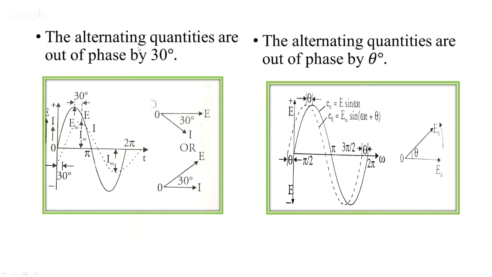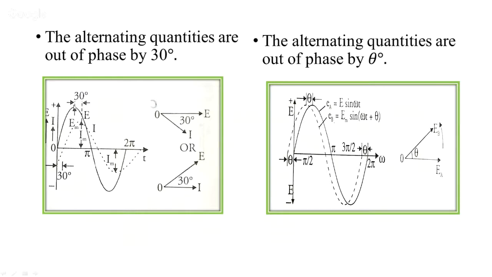So here the alternating quantities, you can observe there is the voltage wave here, the dotted one is the current wave. Both these are not reaching the zero and the maximum values simultaneously. In this case, the current wave already has some value, whereas the voltage is at zero.